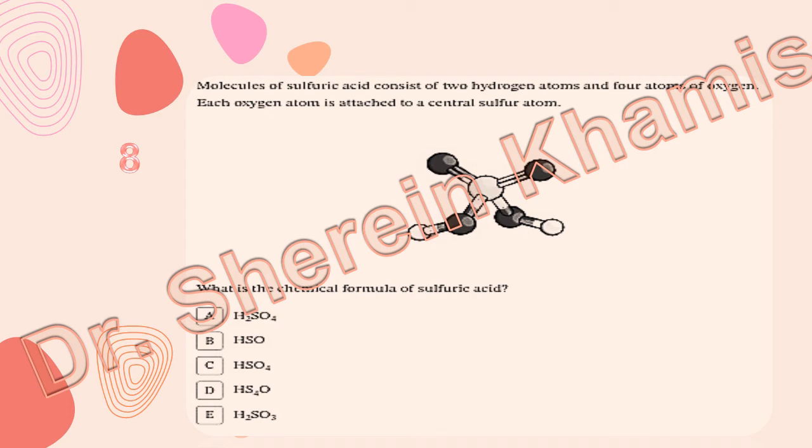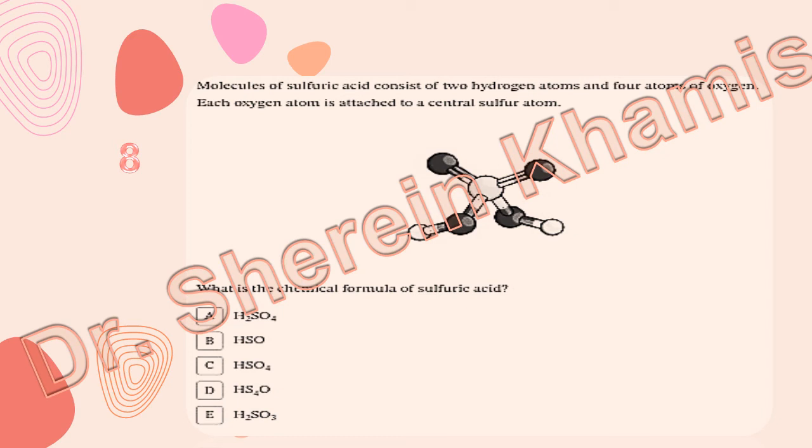So we have the sulfuric acid that has two hydrogen atoms at the beginning, H2, and four oxygen atoms connected to sulfur, so it is the atomic group SO4, the sulfate group. What is the chemical formula of sulfuric acid?